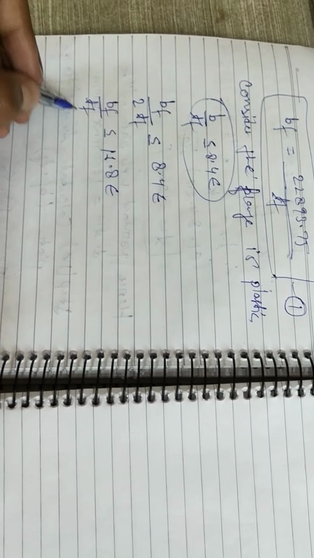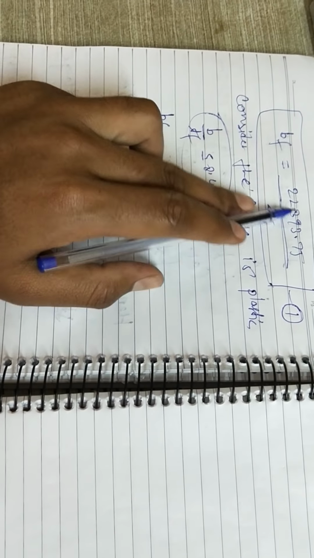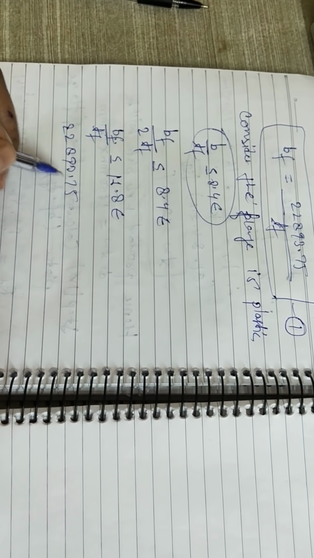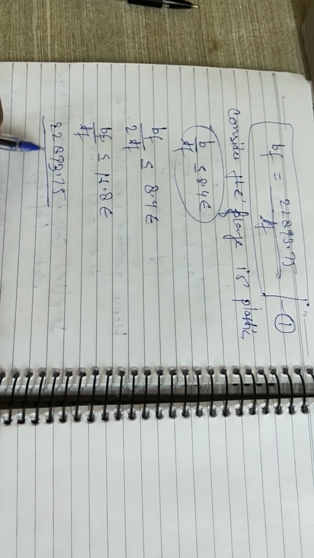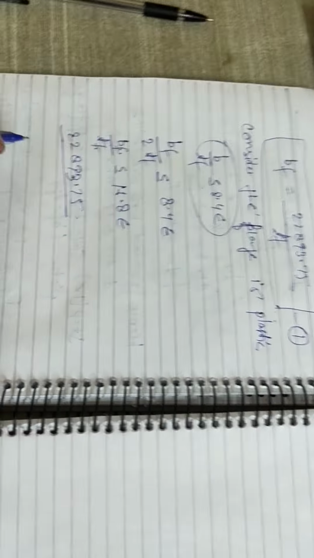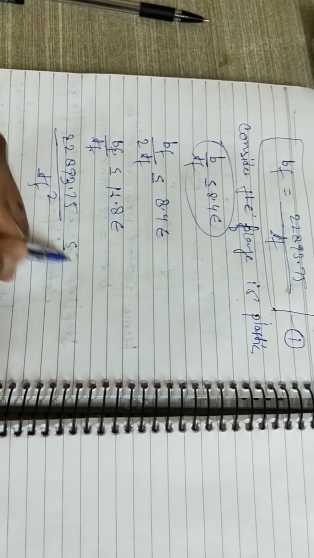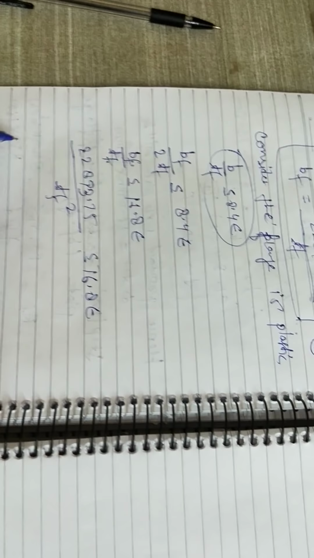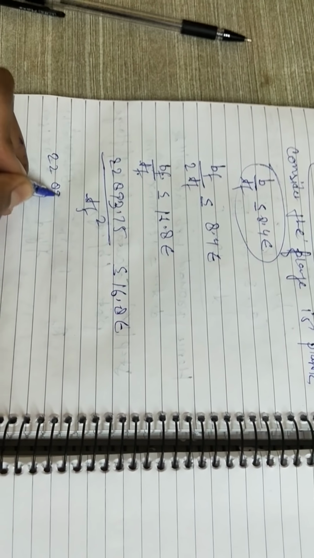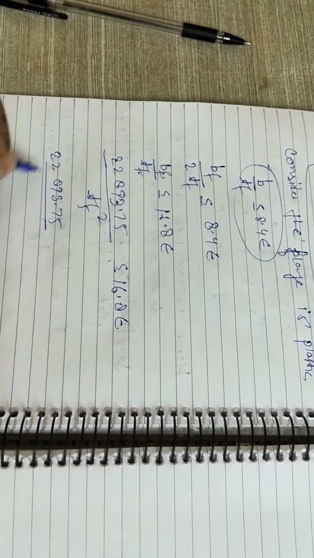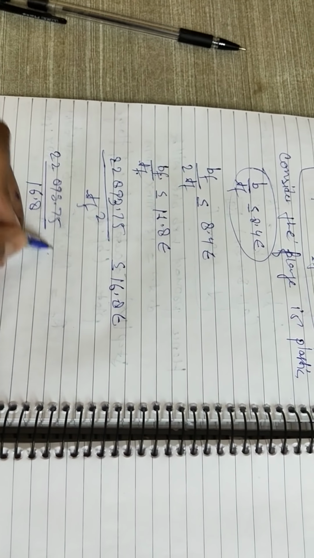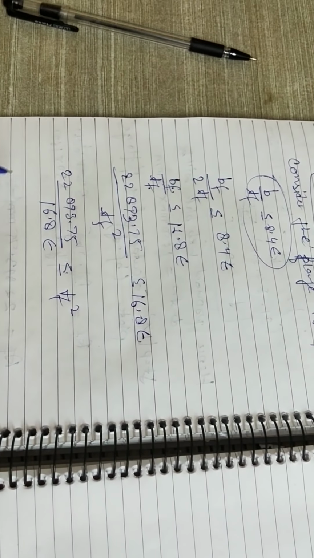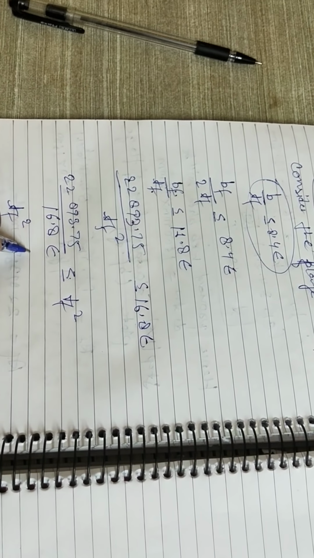From equation first, we will put the value of bf here. Then it will be 22893.75 divided by tf, and one tf is also here, so it will be tf square, and 16.8 epsilon. 22893.75 divided by 16.8 epsilon equals tf square. Epsilon is 1, so you can write it like this.